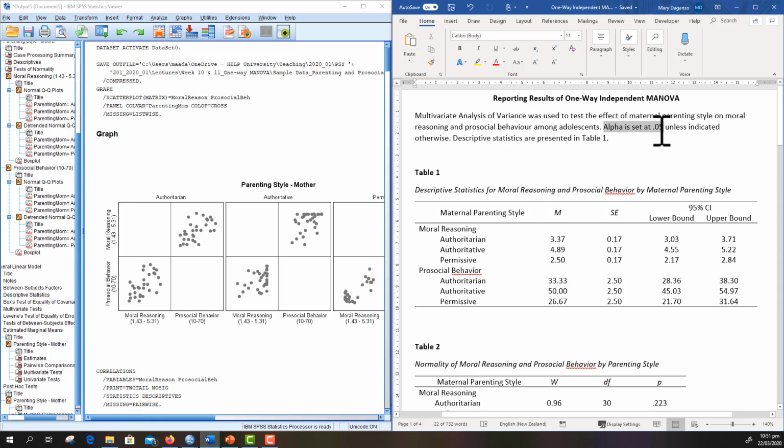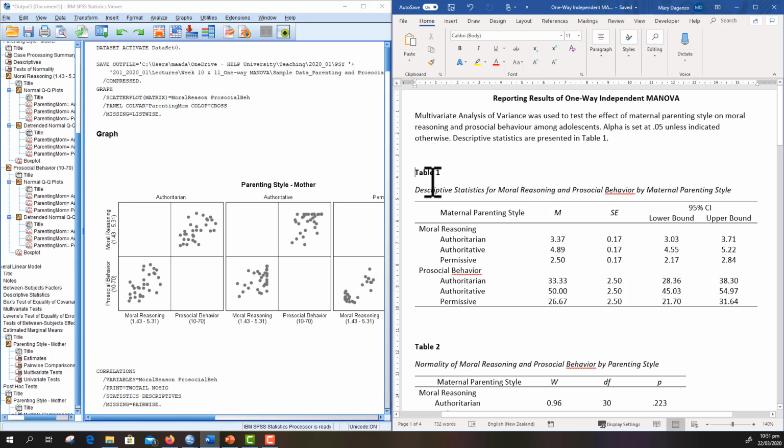I also indicated the alpha value of 0.05. And this statement here alerts the readers that although 0.05 is the standard, there will be an instance when it is adjusted. Okay? So alpha is set at 0.05 unless indicated otherwise.